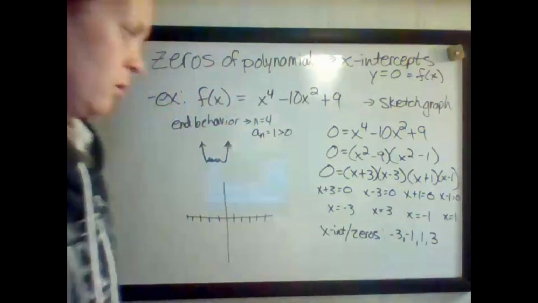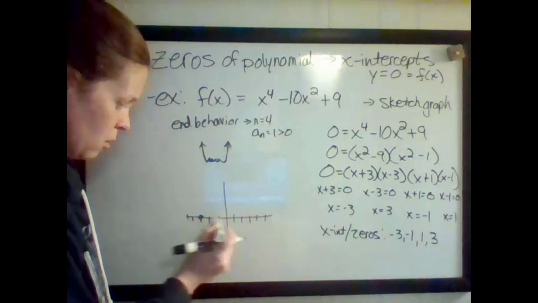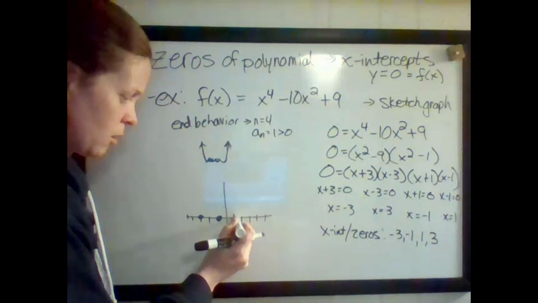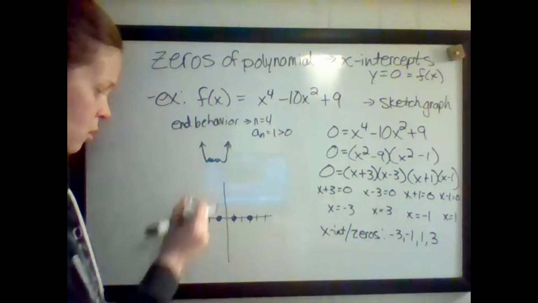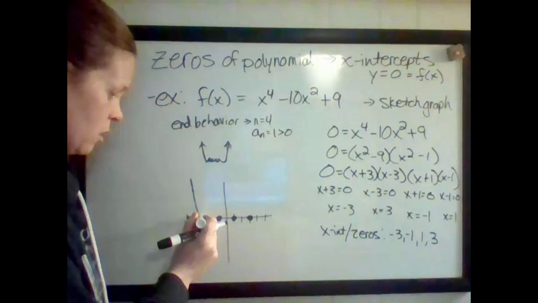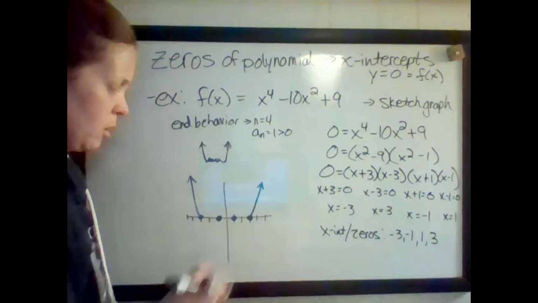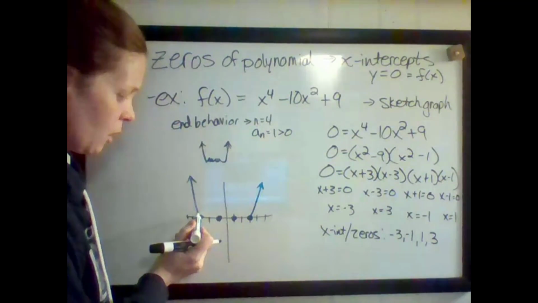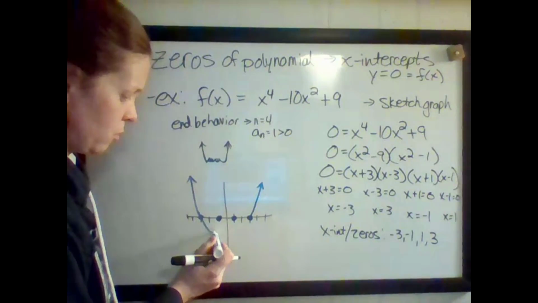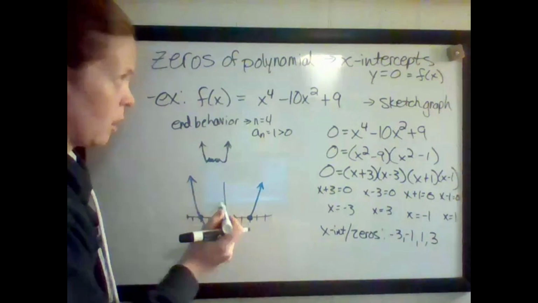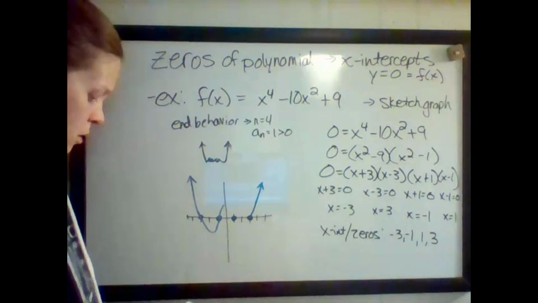Okay, so I'm going to put those on the graph. So negative 3, negative 1, 1, and 3. So I know it's going to come down, and I know it's going to end going up. Now in between, what's going to happen is that it goes through, up. Actually, I should know pretty quickly also what my y-intercept would be, right?